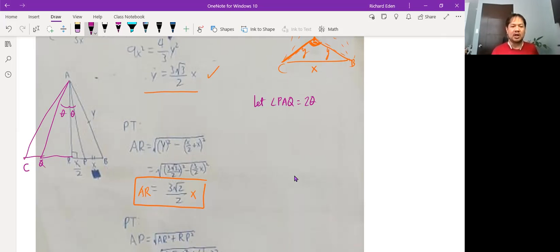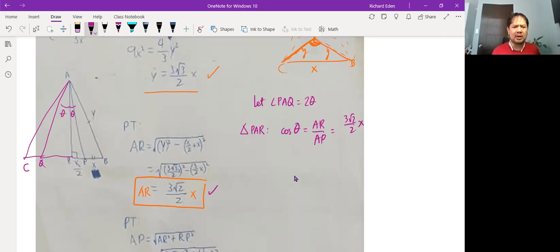But from triangle PAR, cosine theta is equal to AR over AP. So AR is 3 square root of 2 over 2x. That's this. And then AP.